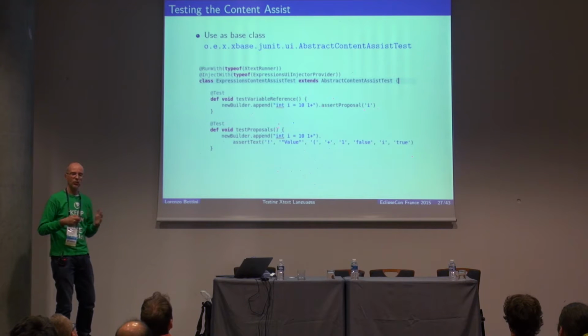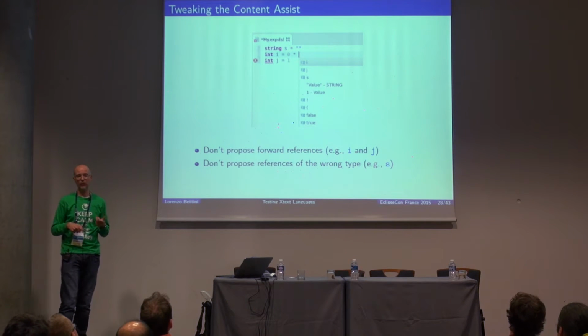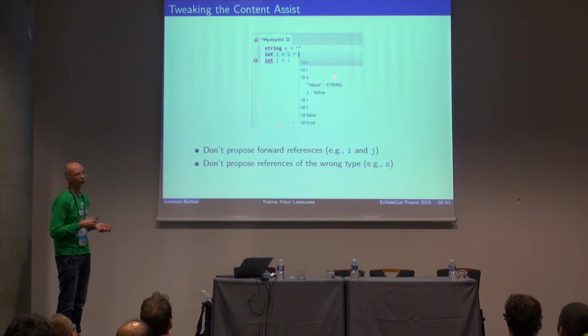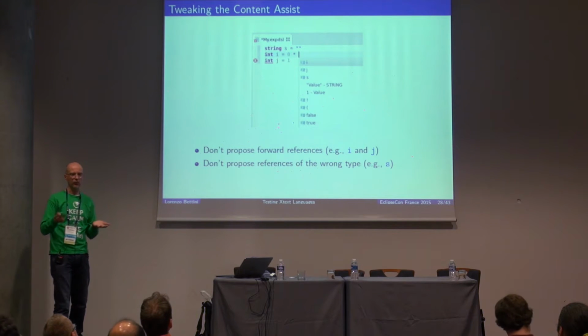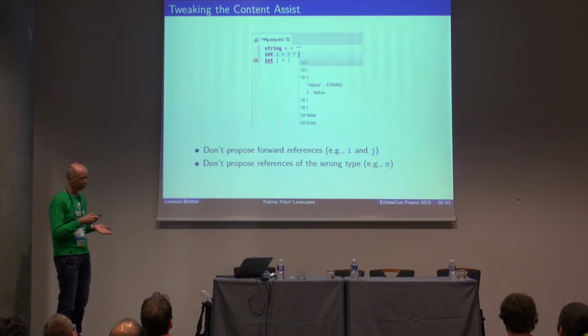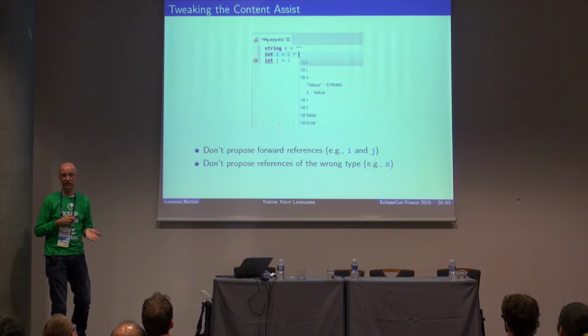So let's tweak the content assist, because the default content assist would propose all the variables in all the expressions. But we can do better, because we have to avoid that the content assist proposes variables which will make the program incorrect. So it makes no sense to propose forward references, and it also makes no sense to propose a variable in this context of type string, because it would be incorrect, okay?